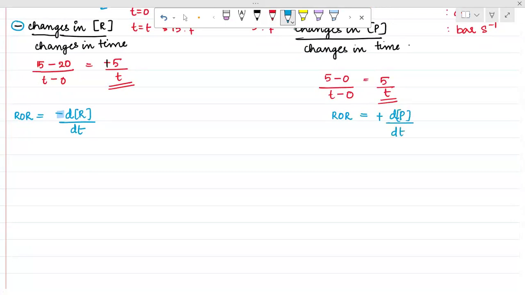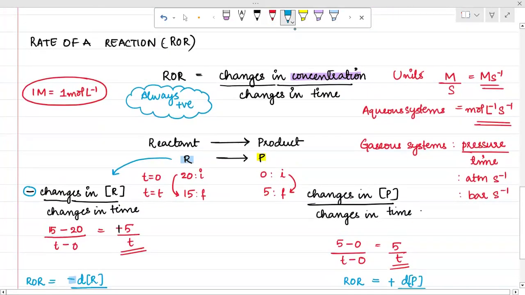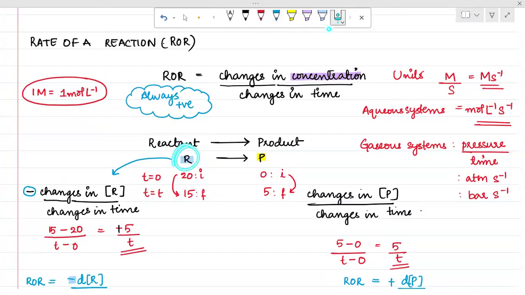Here dP notates the change of the product. Okay, very important. Whenever you express the rate of a reaction, always understand that it is concentration change of certain species. It can either be the change in the reactant or the change in the product. Whatever the species is, the rate is always going to be positive.